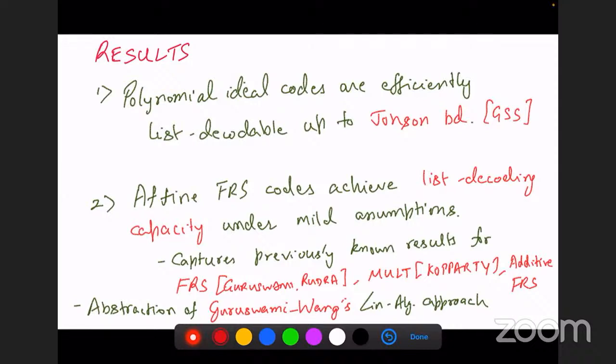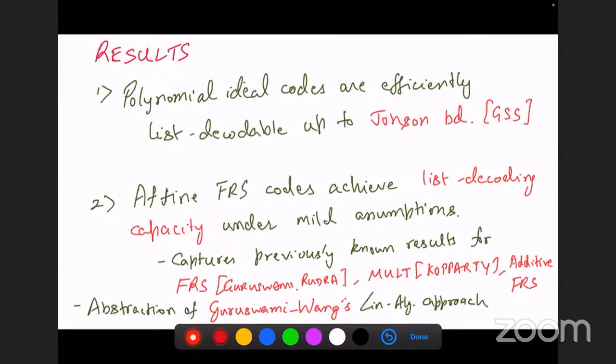So, we knew that folded Reed-Solomon codes achieve list decoding capacity, multiplicity codes achieve list decoding capacity, then additive FRS codes, by an observation of Swastik, also achieve list decoding capacity. All these results now get tied up into a single result saying that affine folded Reed-Solomon codes achieve list decoding capacity.